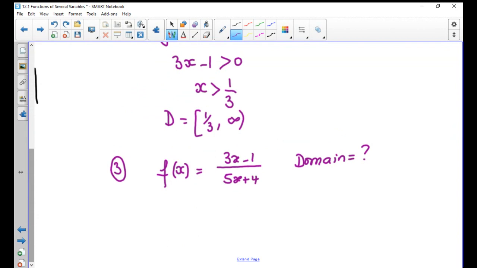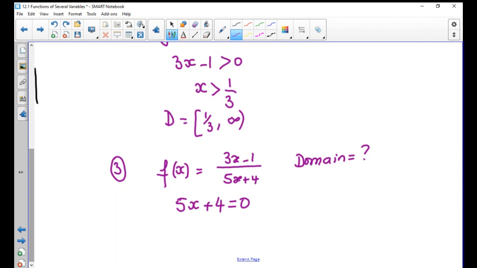Yes, all real numbers except those which make the denominator equal to 0. I should not have 5x plus 4 equal to 0, because you take a number, you divide it by 0, can you do that? No, it will not exist.